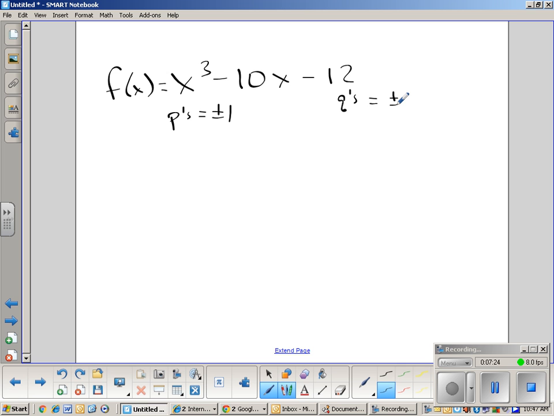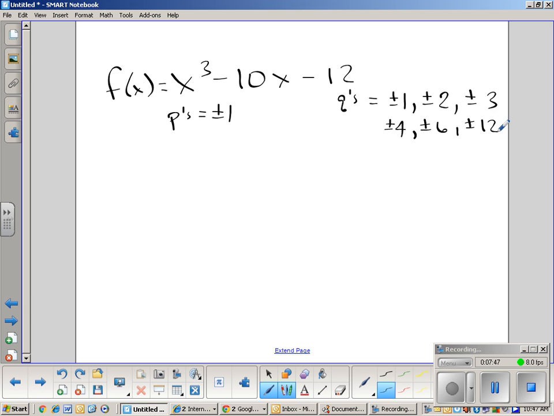Plus or minus 1, plus or minus 2, plus or minus 3. All the numbers that go into 12 evenly. What else? 4, 6, and 12. So those are all the factors.